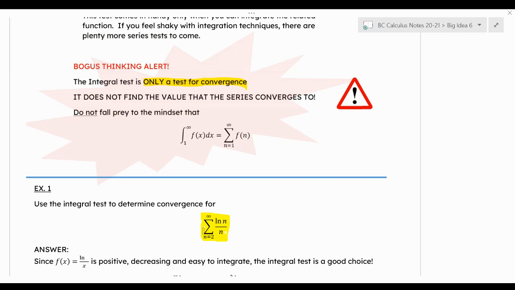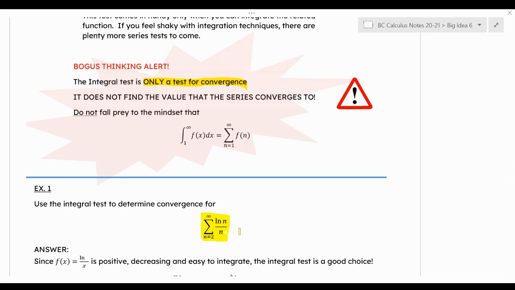If you're shaky with your integration techniques and don't feel confident, don't sweat it. There are going to be some that are easily integrable, but there are a few more tests too. If this isn't your cup of tea, then work at it. You still need to know how to integrate, but there are other tests available to us. The integral test is not the be-all and end-all.